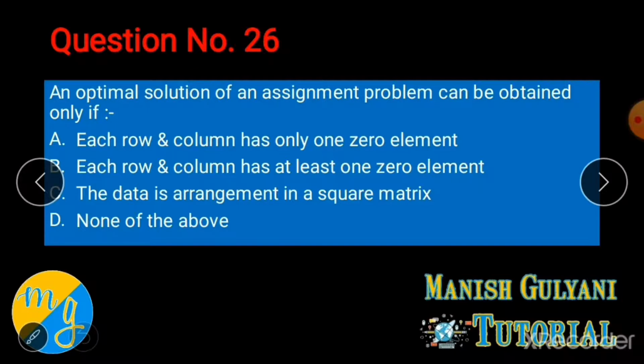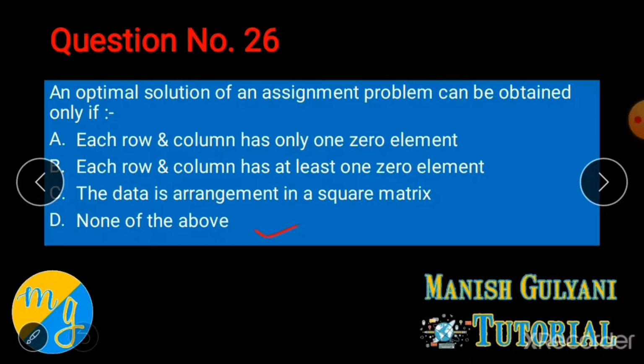So the answer is: each column has only one zero element? Each row, each column has at least one zero element, and data is arranged in a square matrix, none of the above. When the total assignment done is equal to the number of rows and columns, that's the condition of optimal solution, and that is not given in any option.